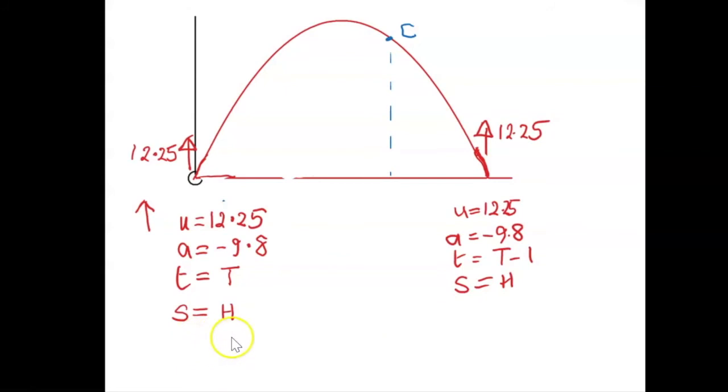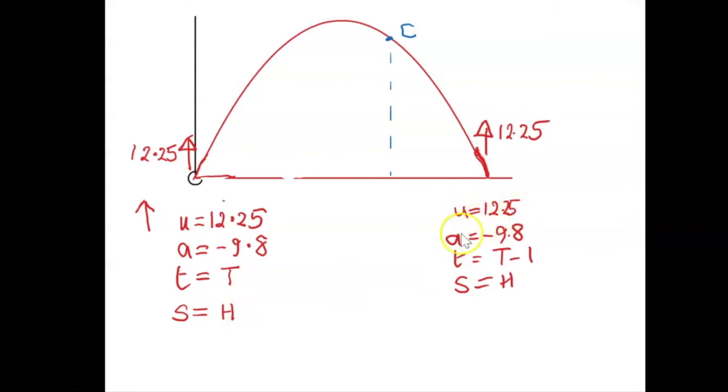We could have also looked at this another way, by looking at what was happening vertically. So this particle had an initial speed of 12.25 vertically. a is equal to minus 9.8, t is time t, and s is some height h.